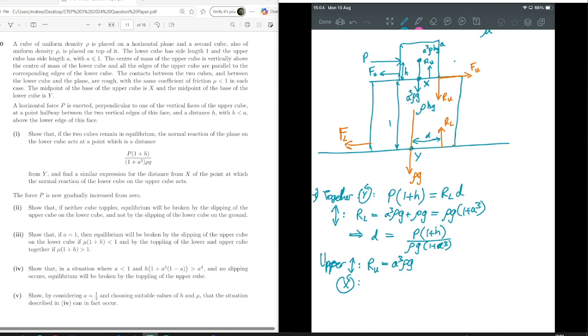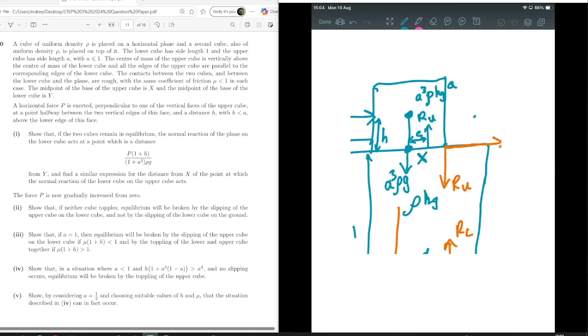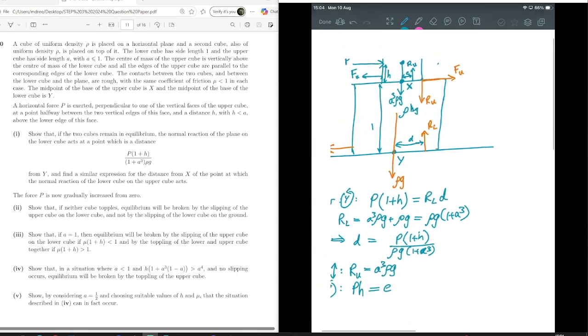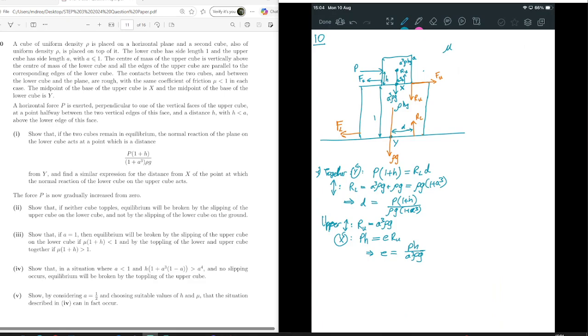So that leaves the P force times its distance equaling the thing that I care about, which I shouldn't really call the same letter again, so I'll call that E. Times by the RU, so therefore E is PH over A cubed rho G. Okay, so that's part I done.